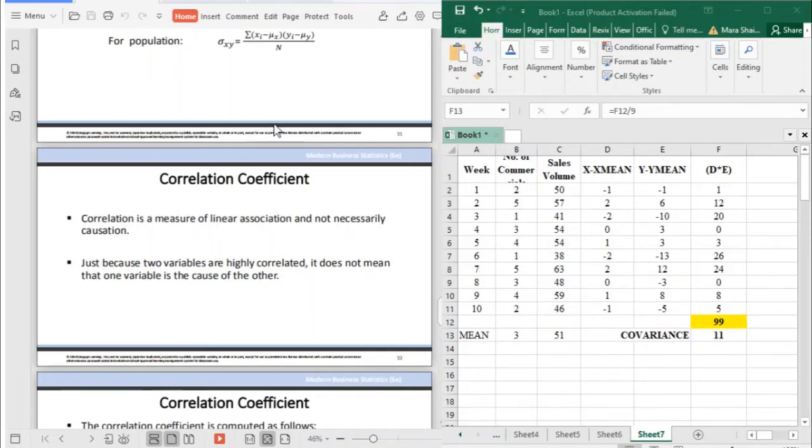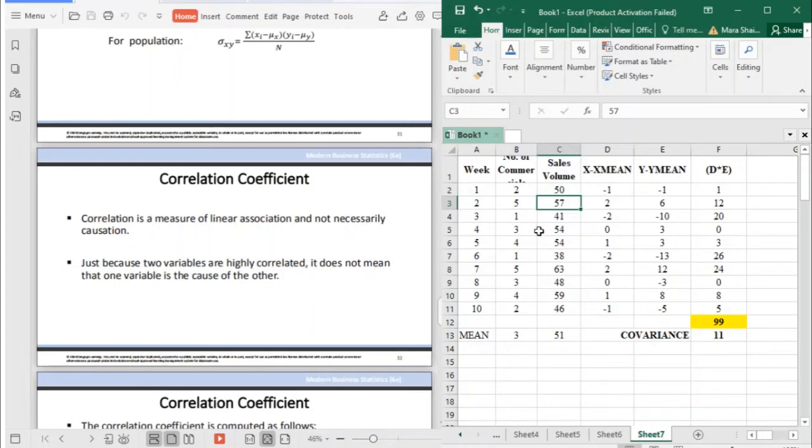Unlike the covariance, there is cause and effect, because as you can see here, the number of commercials has an effect on sales. So the more commercials shown for that week, there are signs that there was an increase in the sales for that week as well. So that is why there is cause and effect.